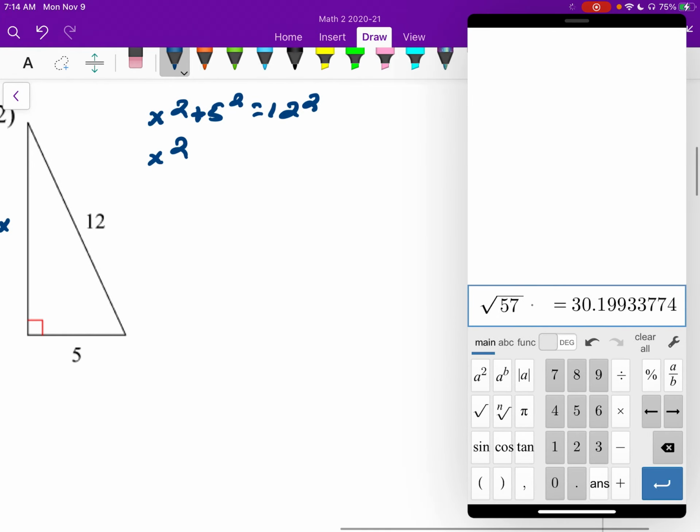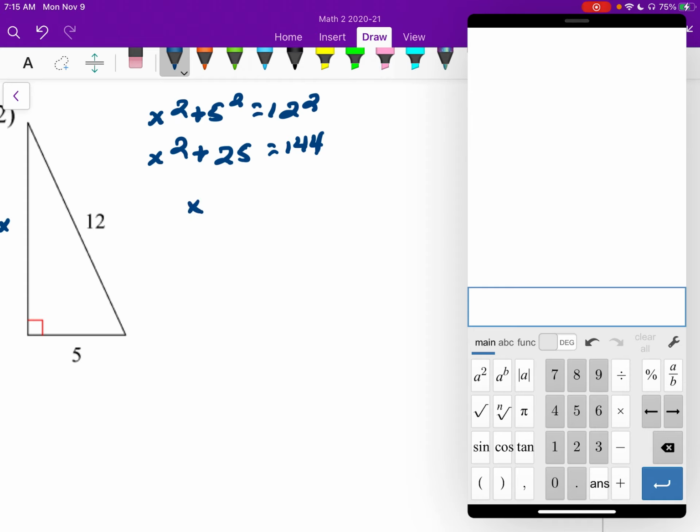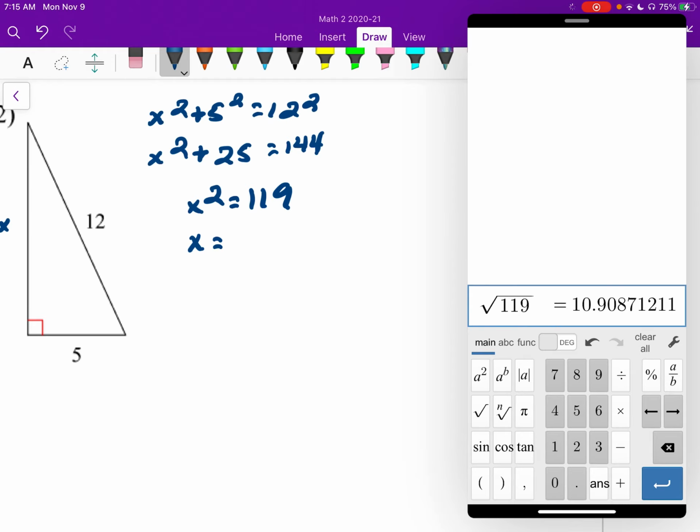So x squared plus 25 is 144. x squared is 144 minus 25, 119, and x is going to be, we'll say, 10.9.